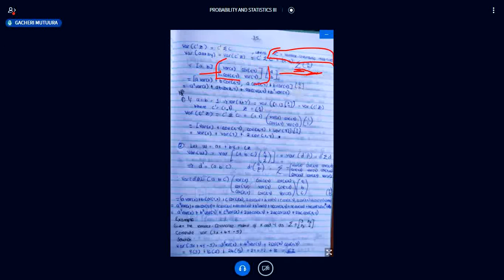All you have to compute, if you just solve this matrix, you're going to have A variance X plus B covariance of XY, and then times the next term will be A. So you'll have A covariance XY plus B variance Y times B. You do the same thing again.